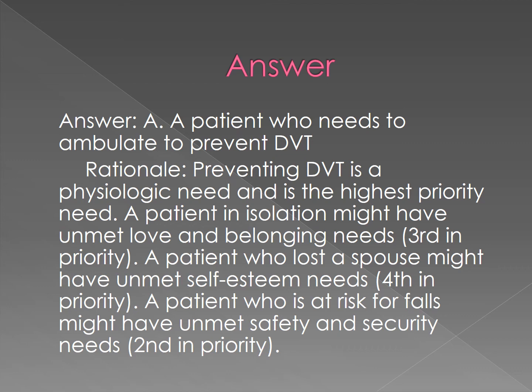A patient who is at risk for falls might have an unmet safety and security need, which is the second priority. So a person who needs to ambulate to prevent a DVT would be the highest priority for this patient, preventing a physiological problem.